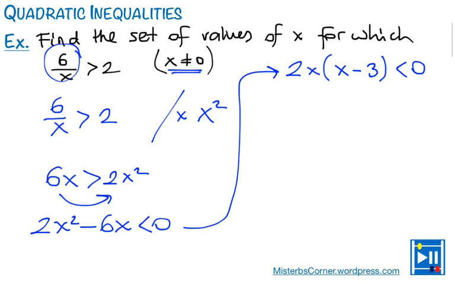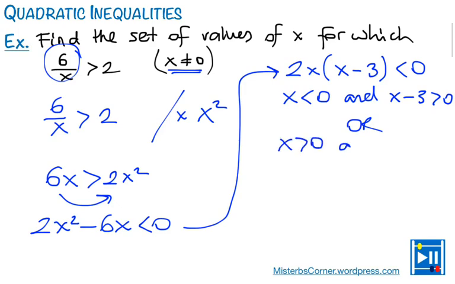Now, I can say either x is less than 0 and x minus 3 is greater than 0, because one of them must be negative so that you'll have a negative value, or x is greater than 0 and x minus 3 is less than 0.